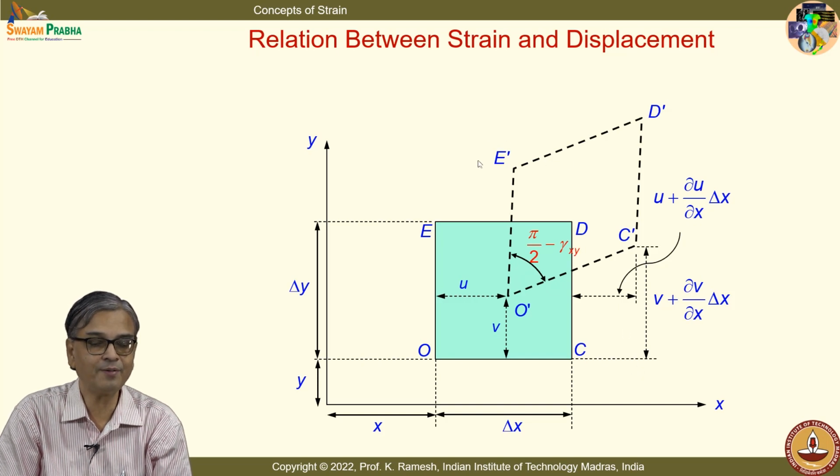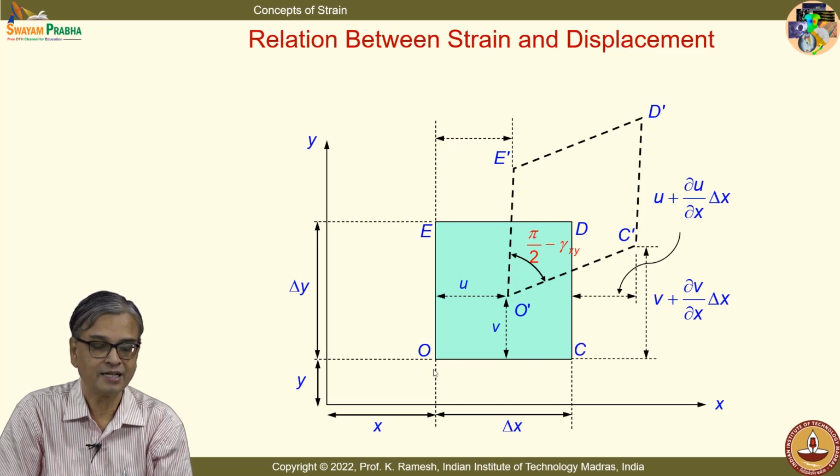And similarly, when I come to E prime, because y has changed, or v has changed, whichever way you look at it, y has changed is a better appreciation. The point O has moved to O prime, E was at the same x position and has moved to E prime, and they are separated by delta y.